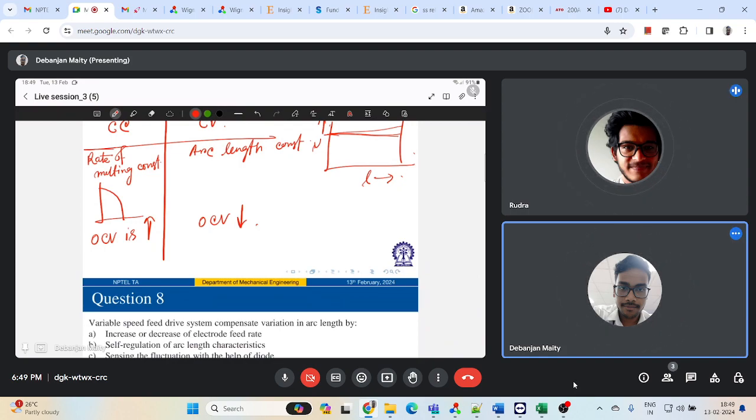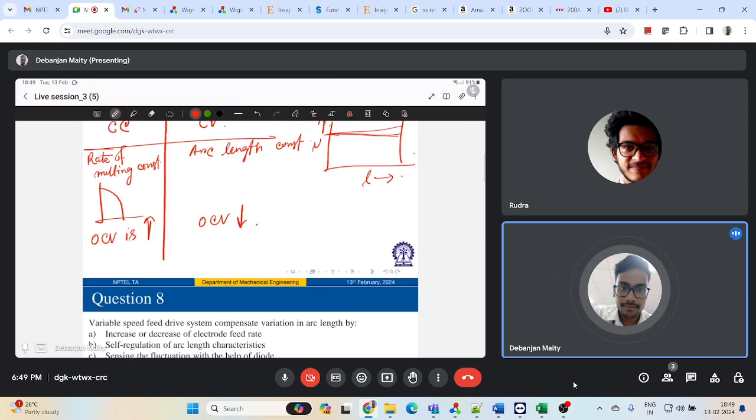For constant voltage operation, you have self-regulation of the arc length, available if you are doing automatic or semi-automatic welding, like submerged arc welding and MIG. For non-consumable cases, like gas tungsten arc welding, you will use the constant current power source. That is true. So I am compiling those differences between constant current and constant voltage.